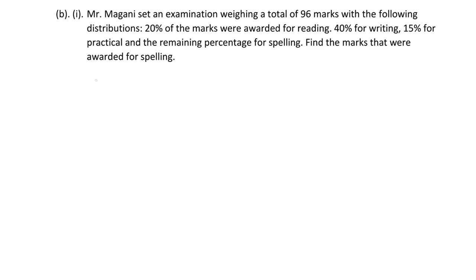So the marks for reading is going to be 20% of 96, which equals 20 over 100 times 96, of which solving the values we are going to get 19.2.